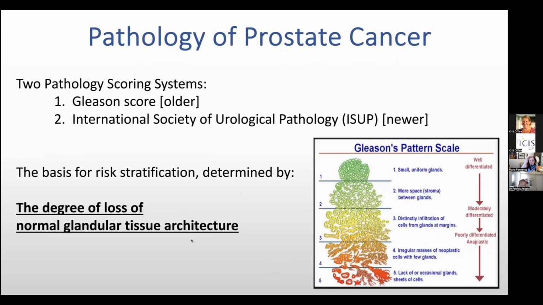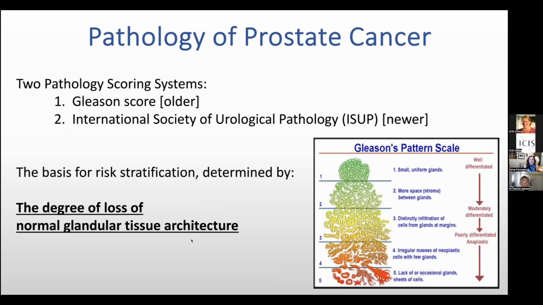And that's what you'd expect from normal glands to maybe some well-differentiated cancer, meaning it's very similar to the normal pattern. And then as you go through from 1 to 3 in this Gleason pattern, you completely lose the normal architecture and you get these sheets of cells. So no real lumen left there, just these sheets of cells. So this risk stratification really is just loss of the normal glandular tissue architecture.